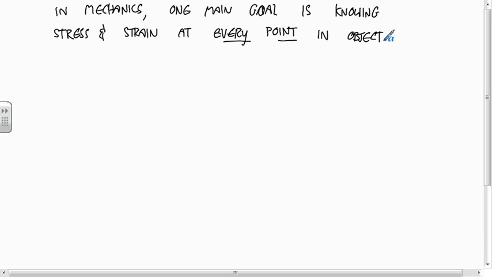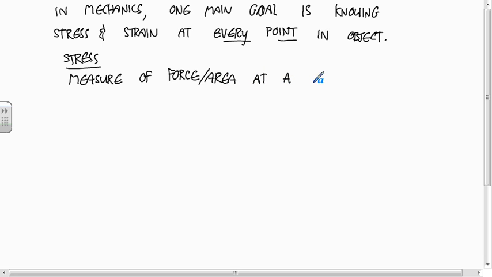And so we have to understand what stress and strain are. Stress is a measure of force per area at a point. And so force per area, what are some units of force per area?